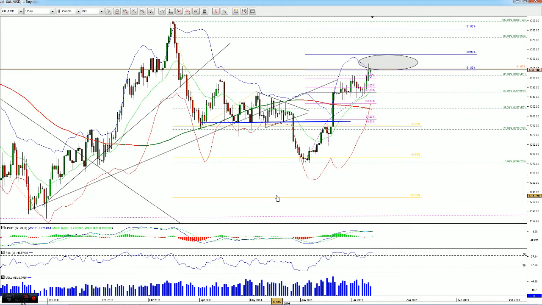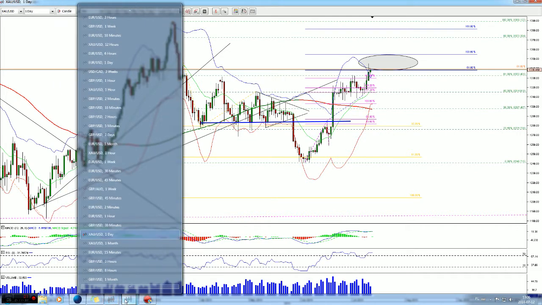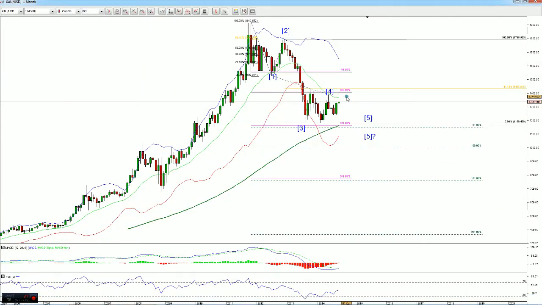It's a 1-day chart, so either A, B, and a C. Okay, and this is a 1 and 2 developing and 3 to the downside, or that was 1, 2, 3, 4, and that there will be a fifth wave, which I will call then a bigger one. Okay, a bigger one, and then on this monthly, so we'll have a 1 and 2 and a 3 and 4 and a 5. So this could develop to the upside.